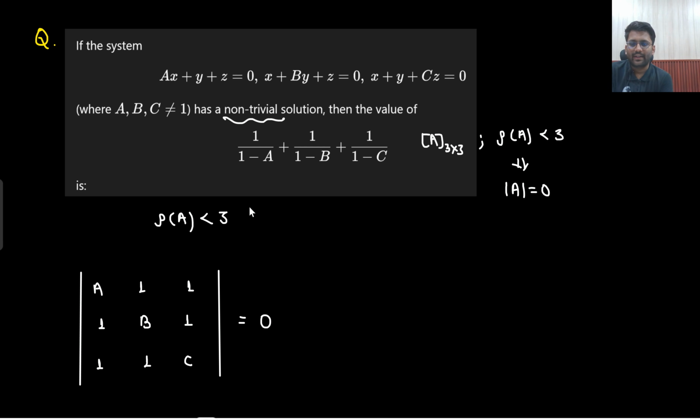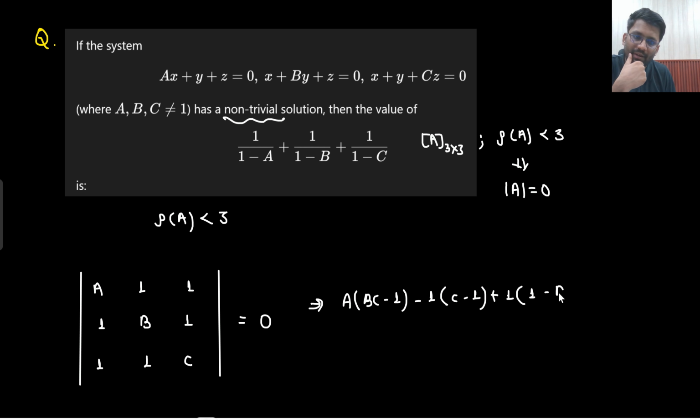1 upon 1 minus a I need to get, no? And then plus as well. So let's solve it. What we will get? a into bc minus 1, minus 1 into c minus 1, plus 1 into 1 minus b. So abc minus a minus c plus 1 minus b.